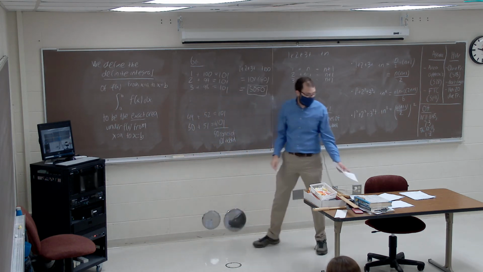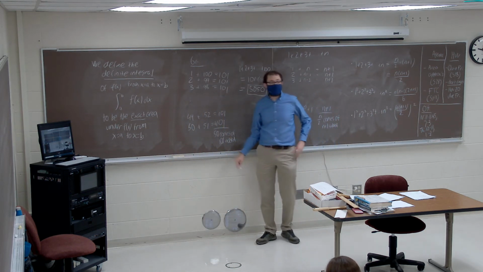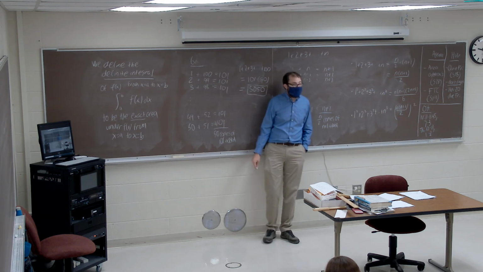And this standard is going to be all about how do we compute this? How do we find the exact area underneath some function between two different values of x?